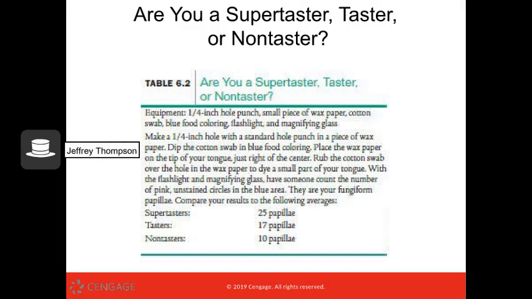So if you want to check to see if you're a super taster, a taster, or a non-taster, you can do this experiment. So feel free to, if you just happen to have a quarter-inch hole punch, small piece of wax paper, cotton swab, blue food coloring, flashlight, and magnifying glass, feel free to just pop this out real quick.